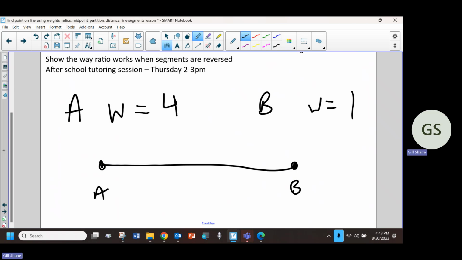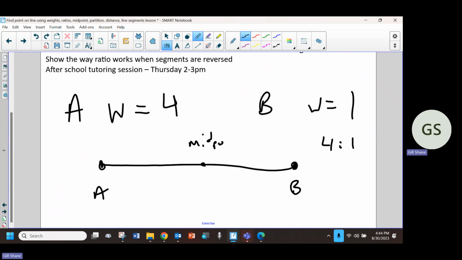That does not mean, and this is what a lot of people did, they said, okay, well, the ratio then is 4-1. That is completely incorrect. It's actually the opposite. Again, if A is more important, and I'm going to suggest you always start by putting where you think the midpoint is. So find a point as close to the middle as you can and say, okay, that's the midpoint.